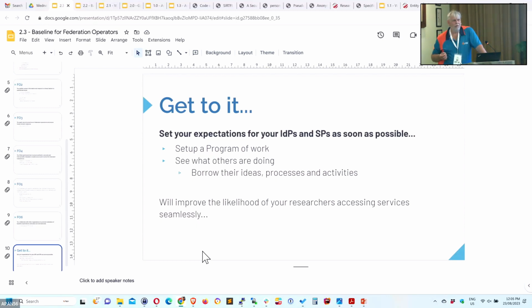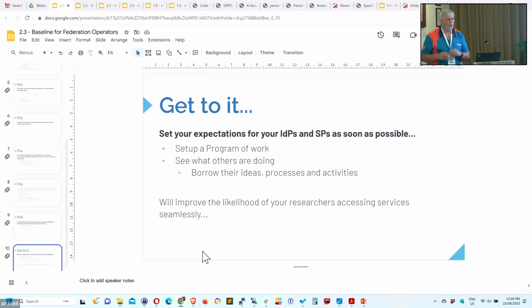I'm confused with the REFEDS assurance framework and this baseline expectation. Is there some relation between the REFEDS assurance framework and the baseline expectation?